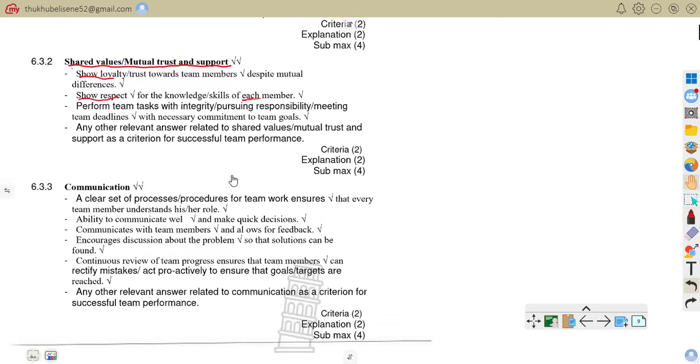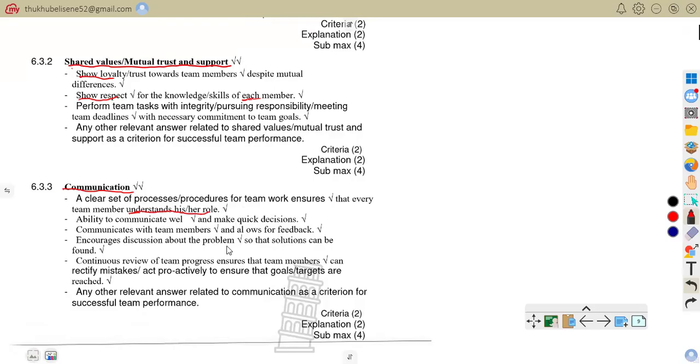So the other criterion is communication. With communication, a clear set of processes or procedures for teamwork ensures that every team member understands his or her role. So the role should be clearly stated.